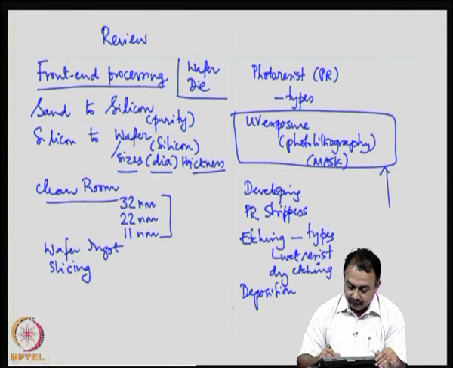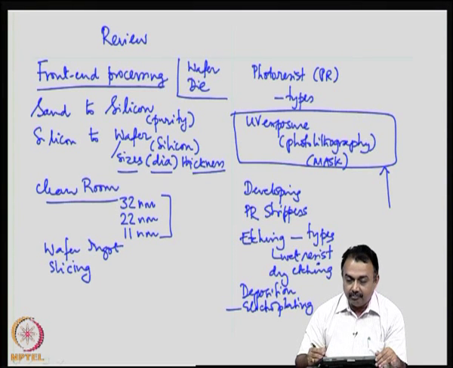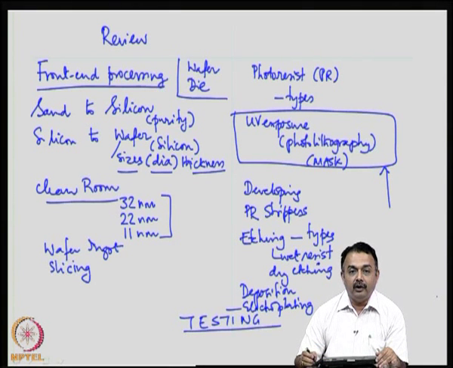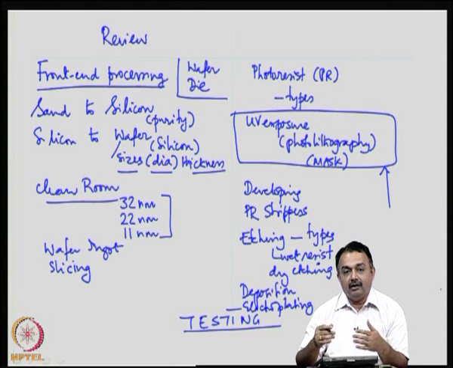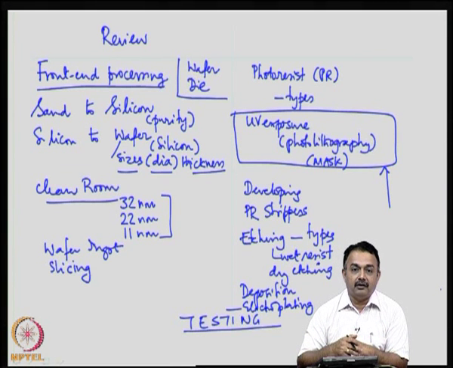We briefly saw electroplating and other methods like chemical vapor deposition, PVD, evaporation techniques and so on. Finally, comes the testing. By testing, we are going to qualify the wafer by doing electrical tests on the completed wafer. So, this will qualify the wafer, and the next process enters into the back end process of the wafer fabrication, which we are going to look at today.